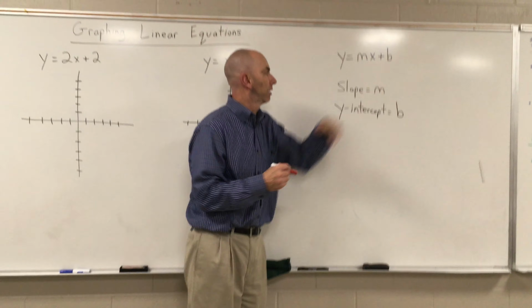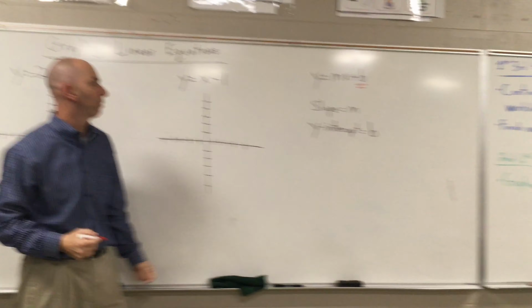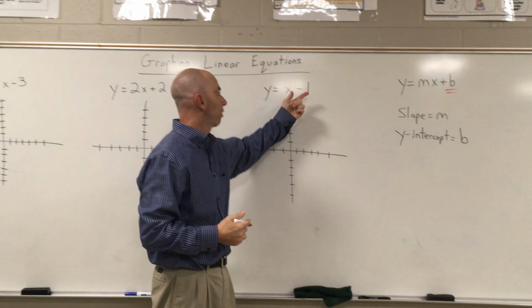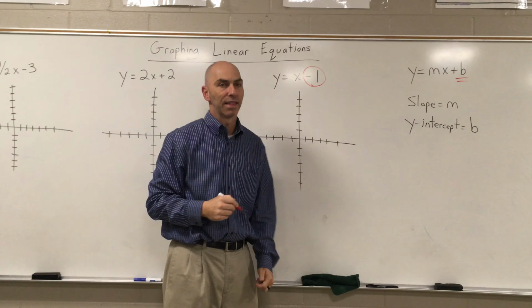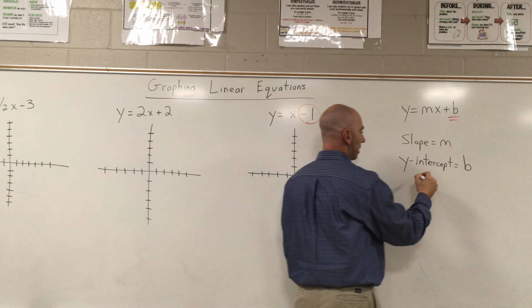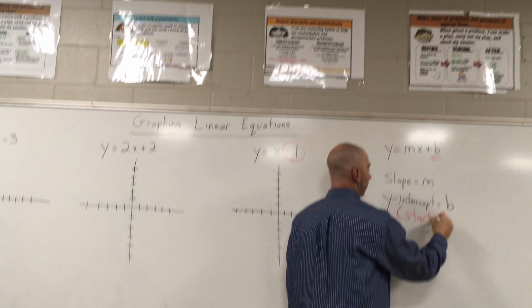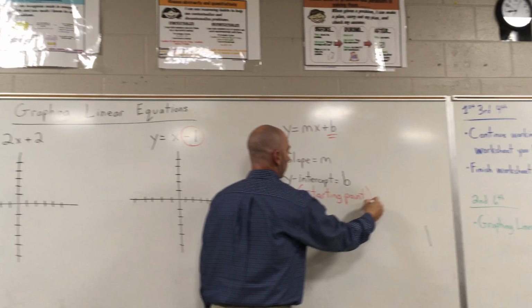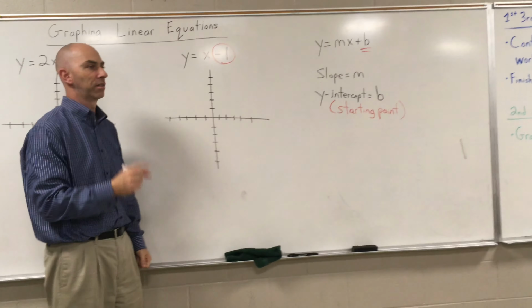The very last thing in the equation, if it's set up in slope form, which it is, we'll get to the not slope form later, the last digit tells us where to start. The y-intercept is basically the starting point when we're graphing. In this case, it's -1.